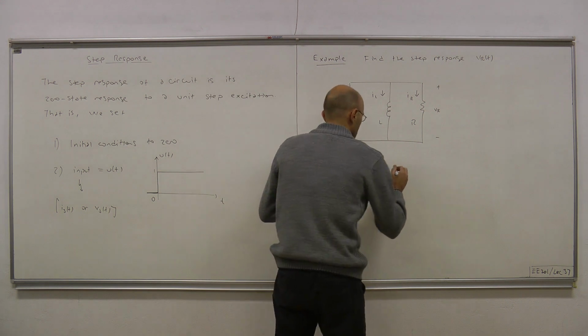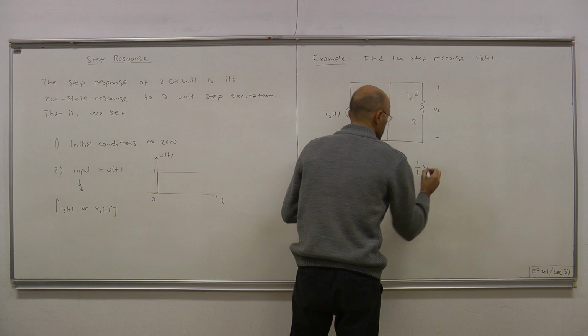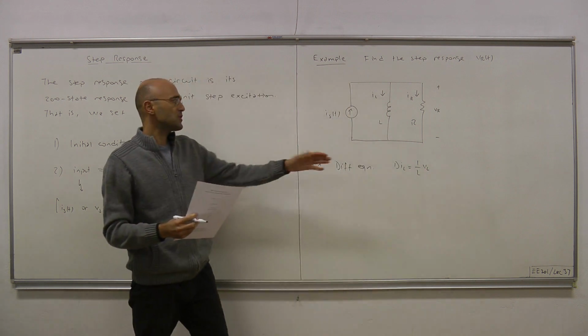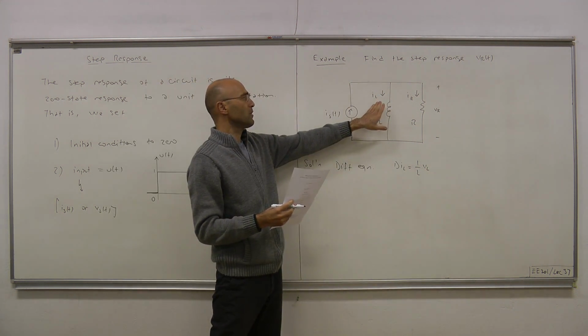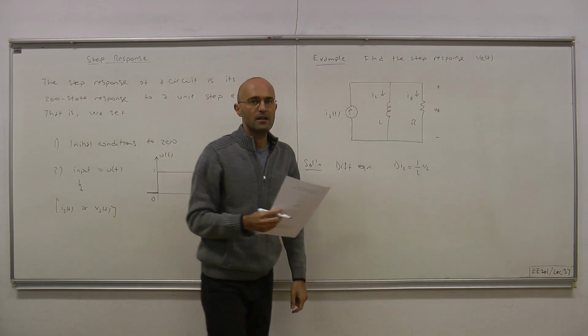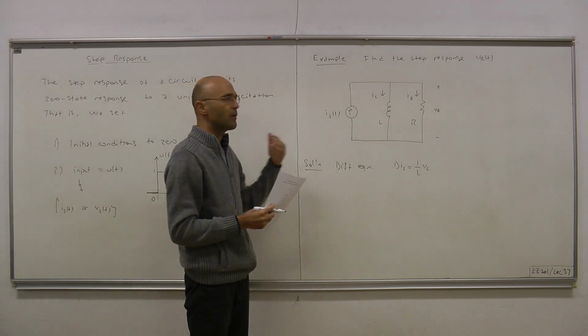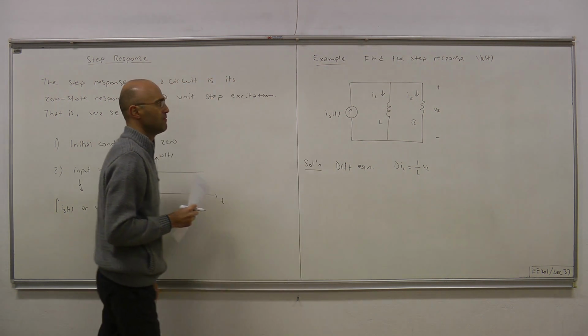So what's the differential equation? di_L/dt equals 1 over L v_L. Okay, now let's work with i_L. So as if we asked for the step response for the inductor current, but once we have the inductor current, we can clearly figure out every other variable.